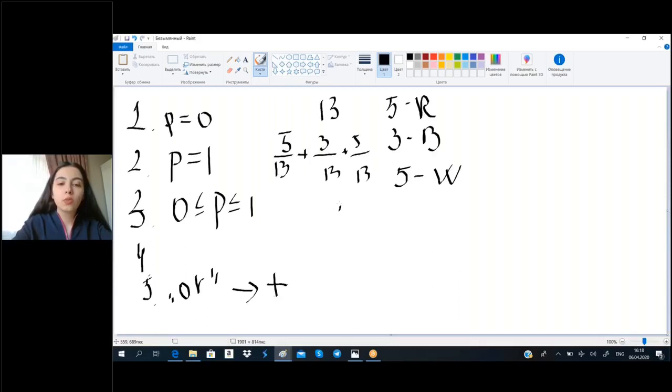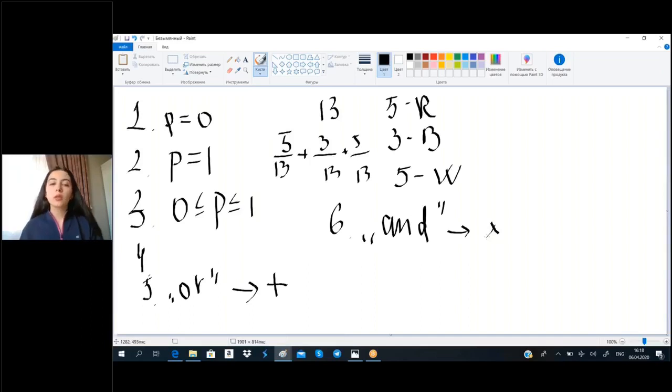And the sixth key is in order to find the final probability of 2 dependent events, here we will use the word and. We must take the product of the probabilities of the events.